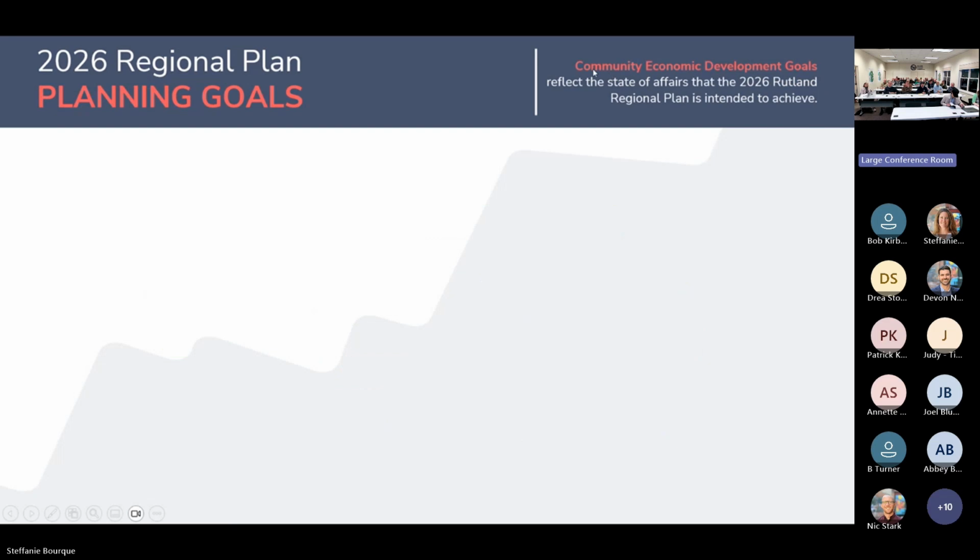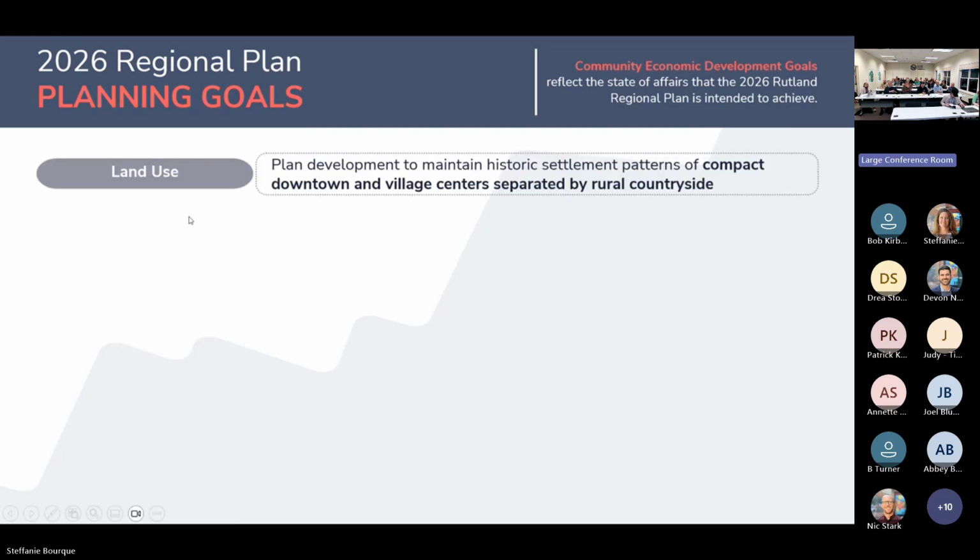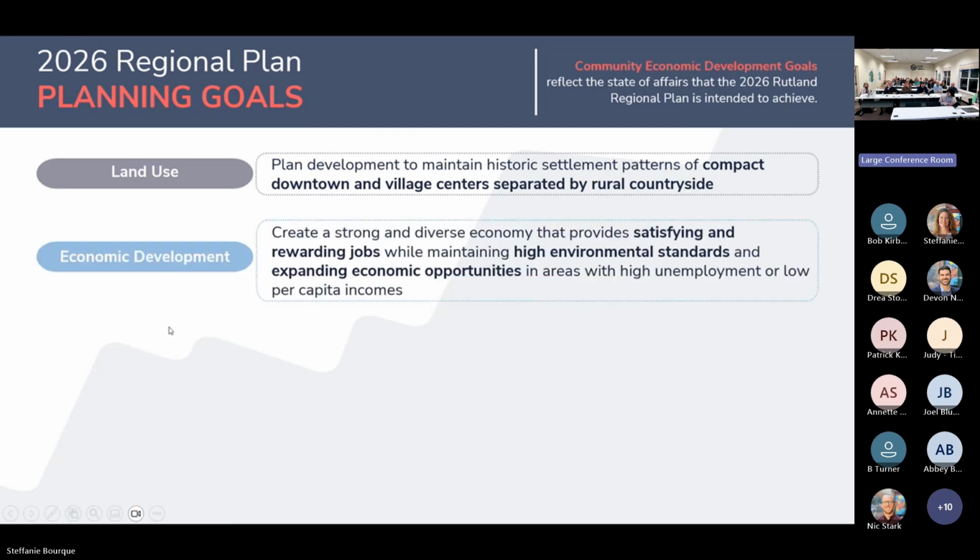So the community economic development goals, our planning goals, they really reflect the state of affairs that this plan is intended to achieve. So for land use, the goal is to plan development to maintain historic settlement patterns of compact downtown and village centers separated by rural countryside.